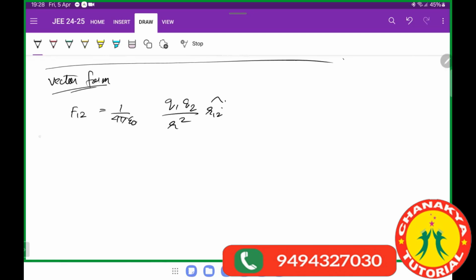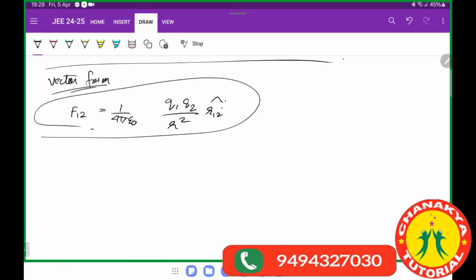This is your vector form. We'll see that in code. Nothing much here.